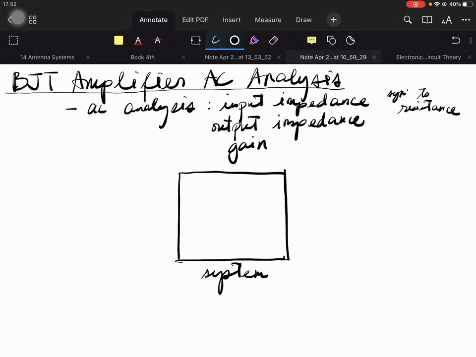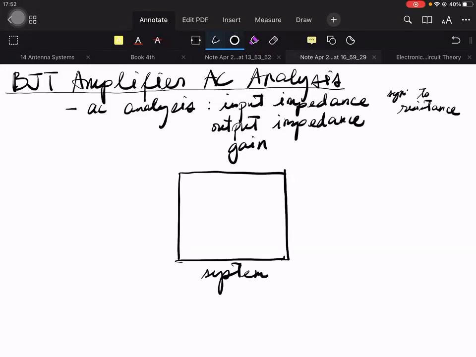What is more important is how it reacts to external given input and what output signal it could generate.